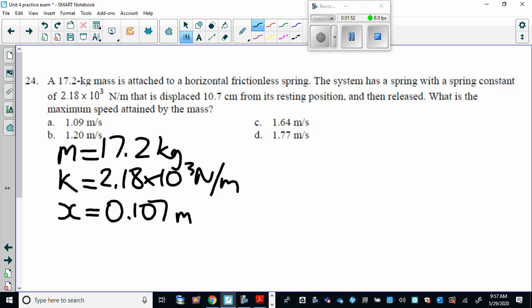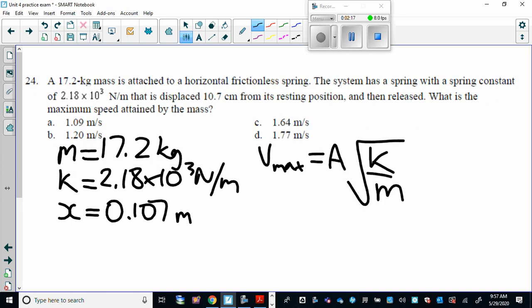So I don't think we need to go through the entire derivation of this formula, because if you have to do this on a test, it can take a little extra time. But you will recall that we derived the formula for the maximum velocity of a horizontal spring, and that formula is A times the square root of k over m, right?